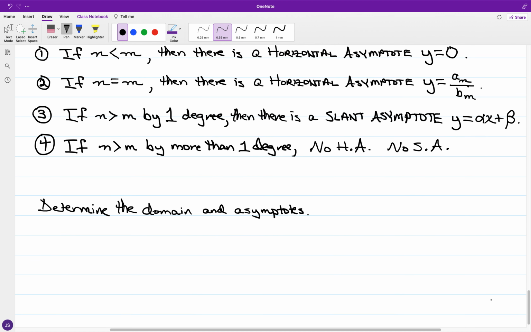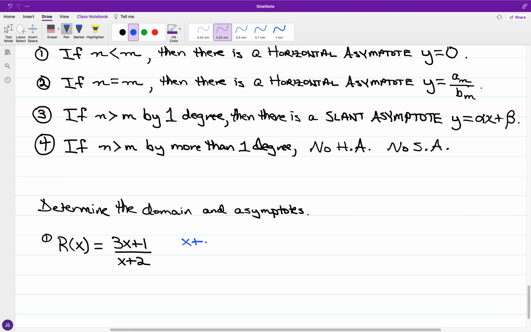Now we'll say we have in the first case r of x is equal to 3x plus 1 over x plus 2. And we're going to have this ratio already in simplest form.